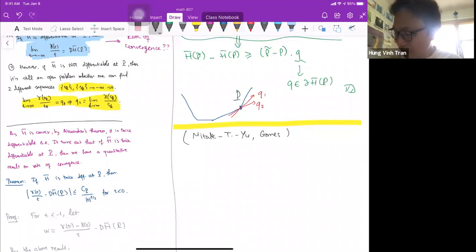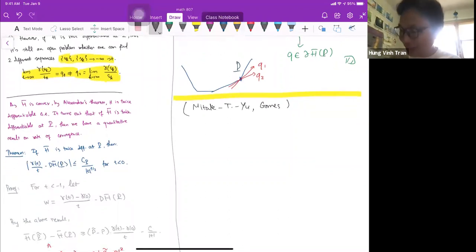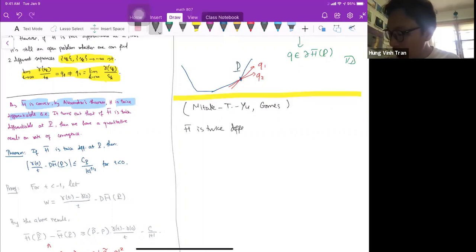So again, h bar is convex, right? So by Alexandrov theorem it is twice differentiable almost everywhere. Again, the set of points that is twice differentiable can be very bad; it can be missing stuff around. And here by twice differentiability, I mean that h bar is twice differentiable at p if essentially you have the Taylor expansion, right?